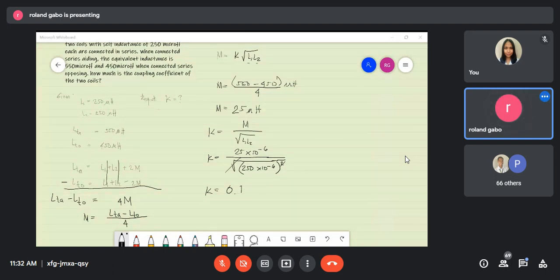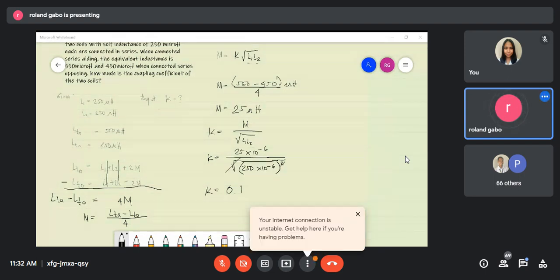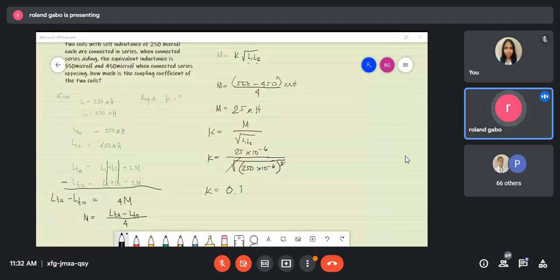Most of the problems involve the induced voltage, E is equal to N, from the first law and second law of Faraday's electromagnetic induction law.